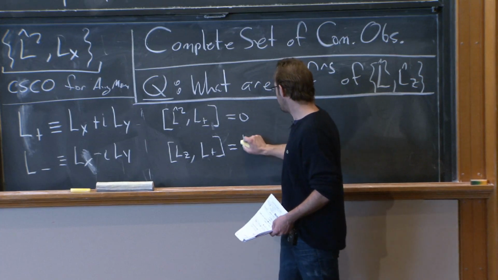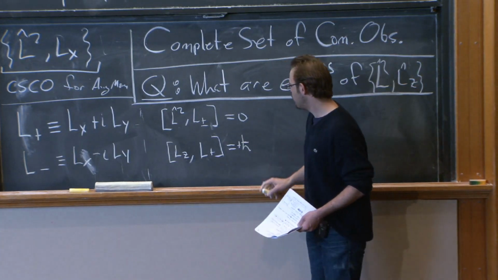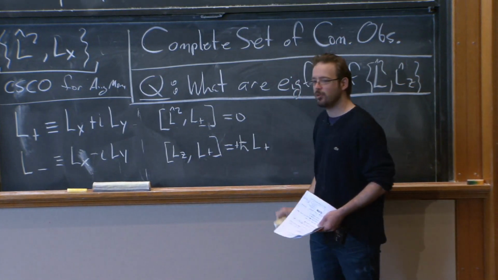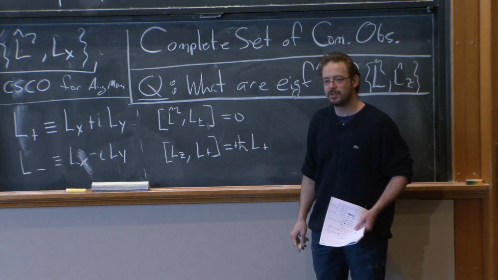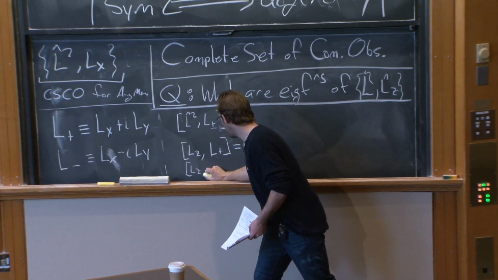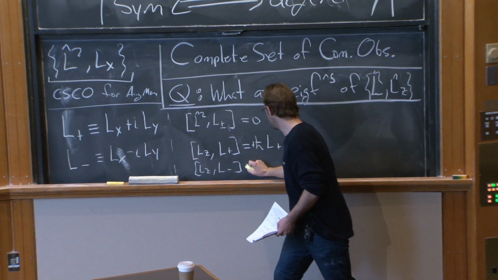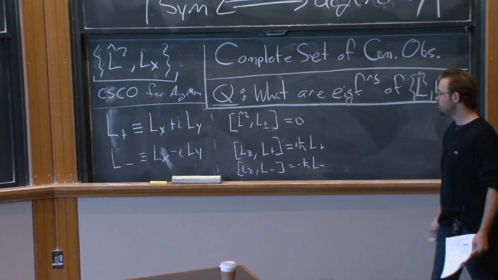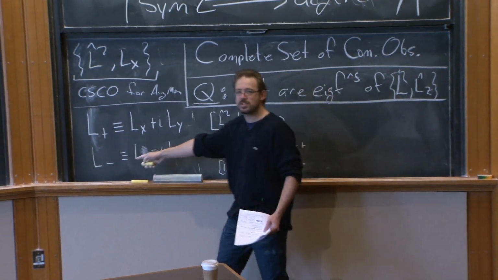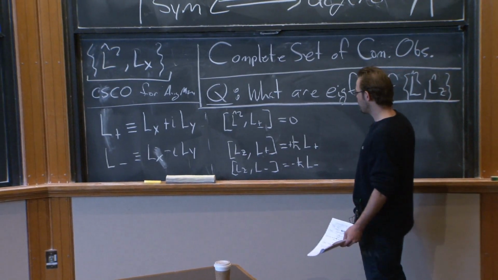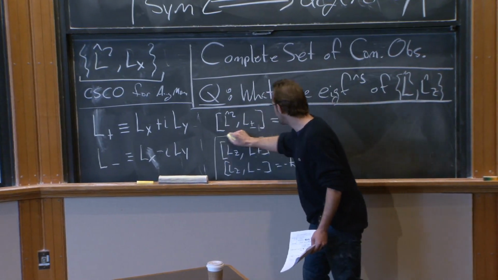And when you work out the commutator, which should only take you a second, you get h bar L plus. And similarly, when we construct Lz and L minus, we get minus h bar L minus. Are L plus and L minus Hermitian? No, they're each other's adjoints. Lz is Hermitian.